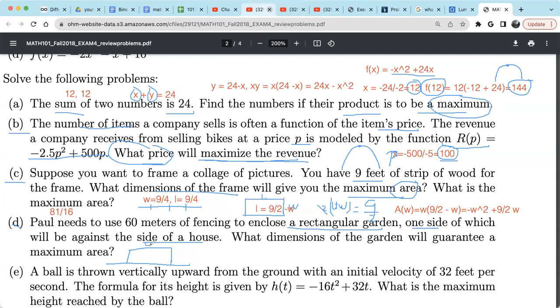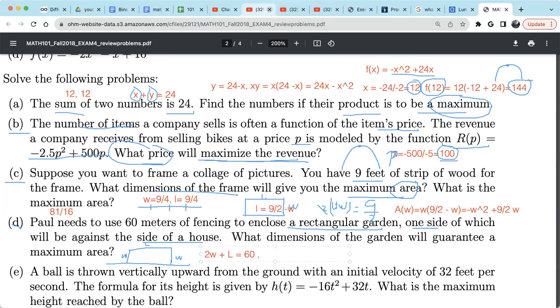So let's call this L, and let's call this W. So basically, 60 equals 2W plus 1L. So 2 widths plus 1 length equals 60 meters. 60 meters is all the fencing for the 3 sides.